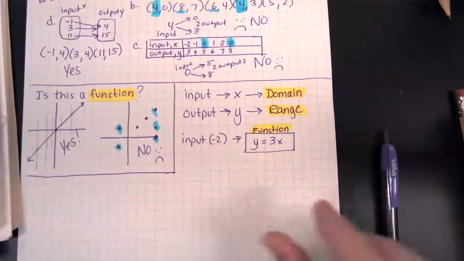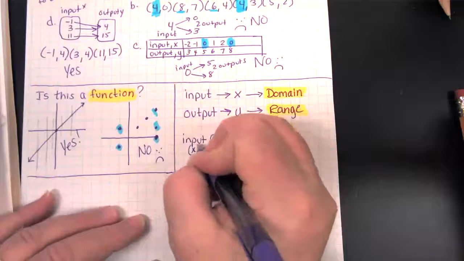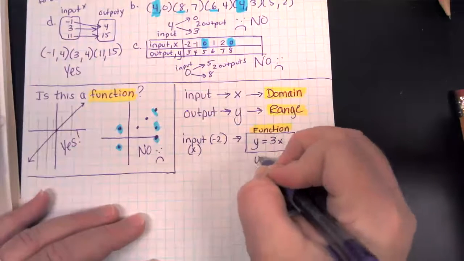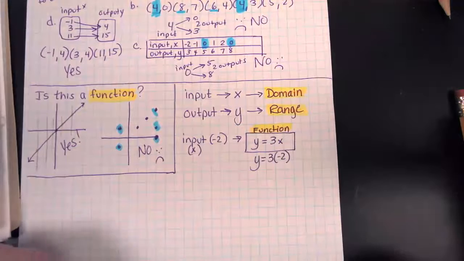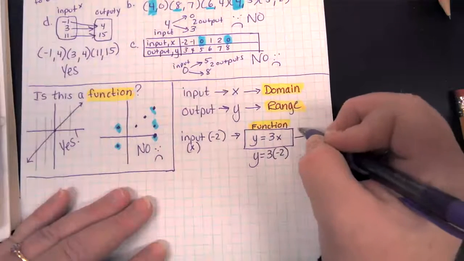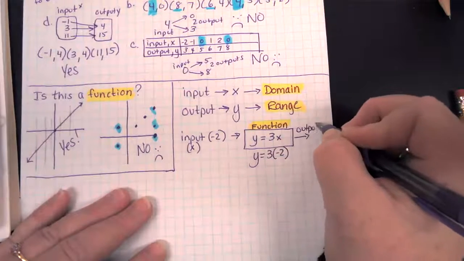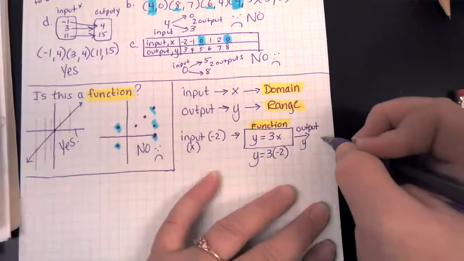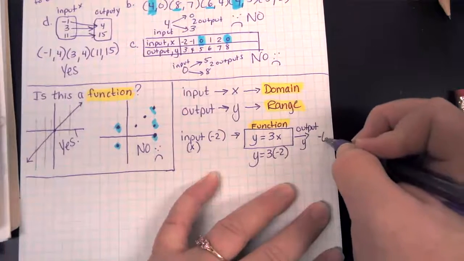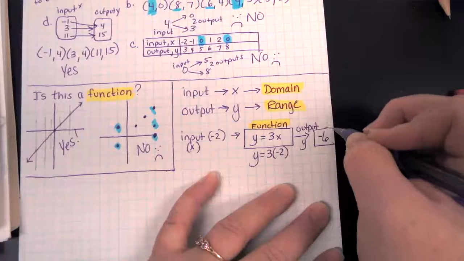So I'm going to put my input, or my X, in for my X. And my output, or my Y value, is what's 3 times -2. It is -6.